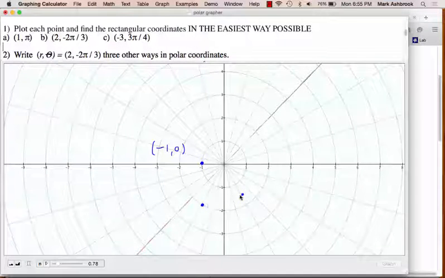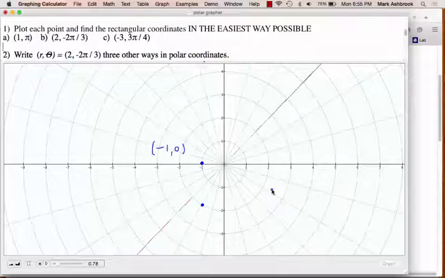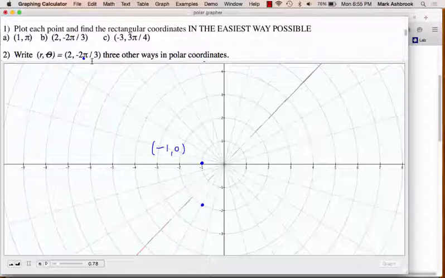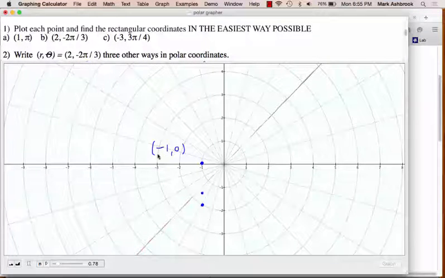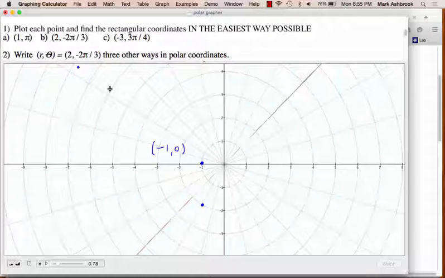XY coordinates. It's going to be 2 cosine of this, and then 2 sine of this. 2 cosine of this is going to be negative 1, because cosine of this is negative 1/2 times 2 is negative 1, and then sine of this is negative radical 3 over 2 times 2, negative radical 3.